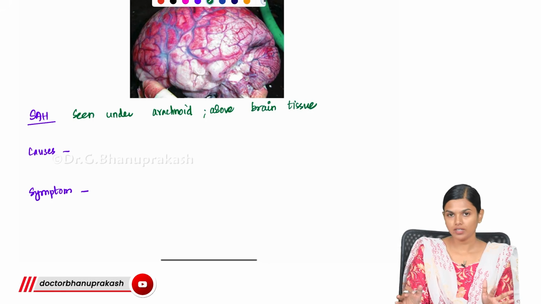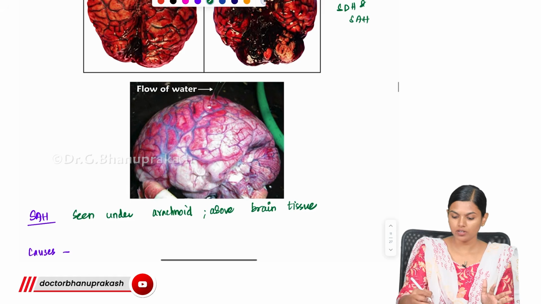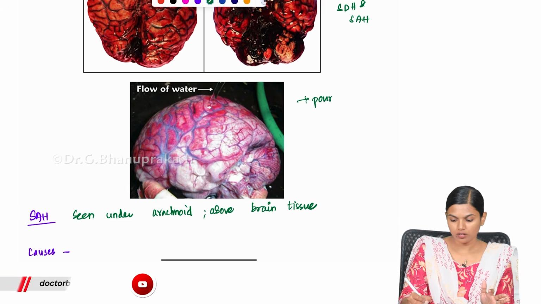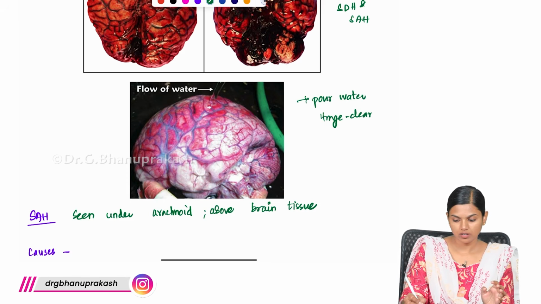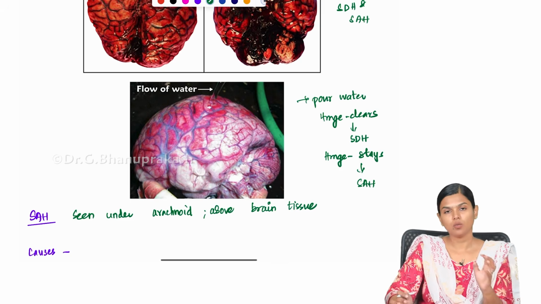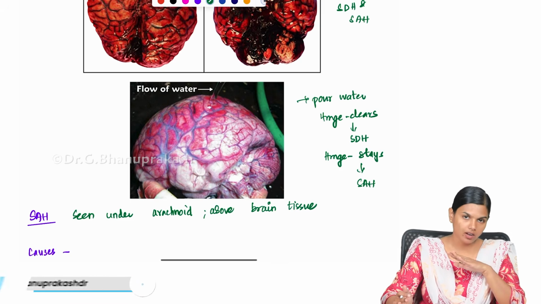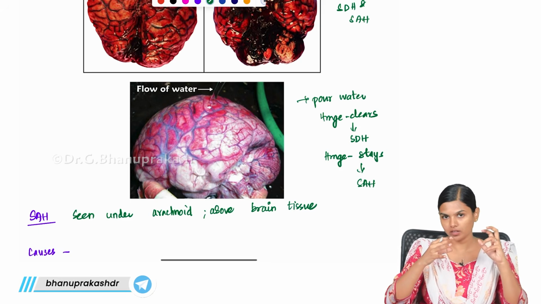But how will you differentiate an SDH and a SAH is that you will pour water. You will pour water, and if the hemorrhage clears, it is the case of SDH. If the hemorrhage stays, then it is a case of SAH. Clear? Why? Because this thin layer of arachnoid will prevent the hemorrhage from getting washed away by the water.